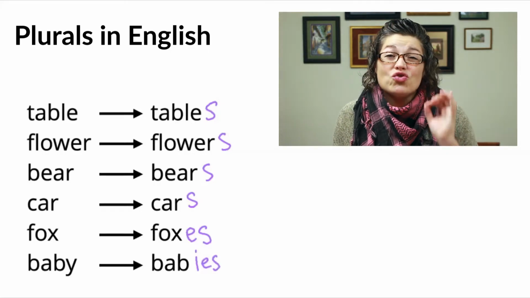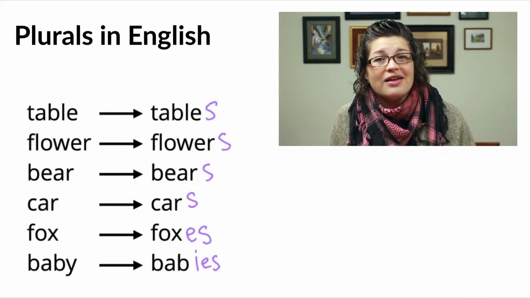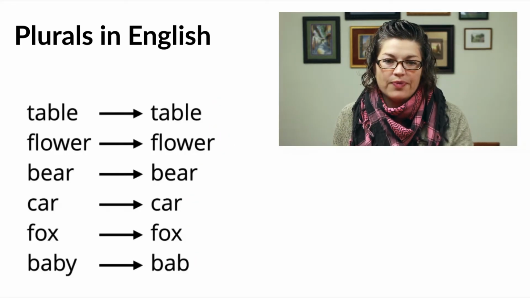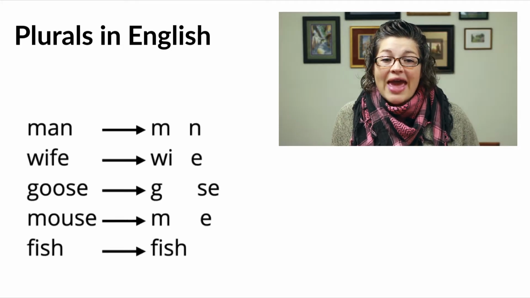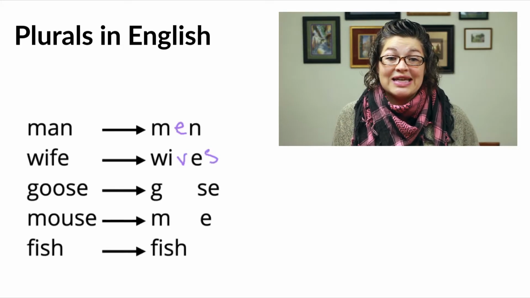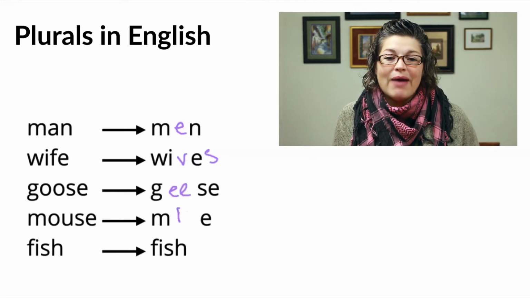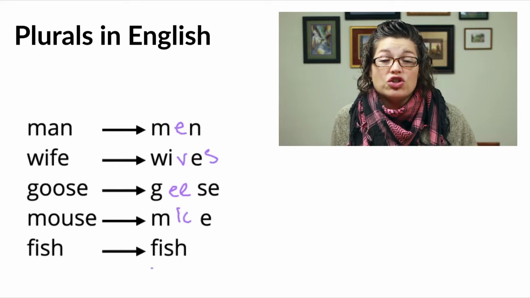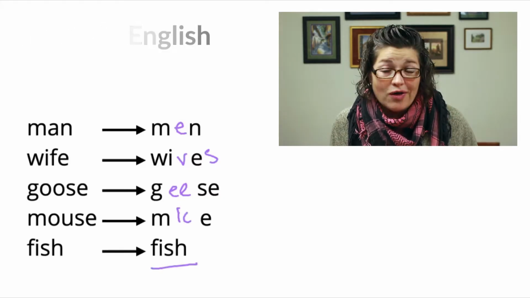Then when it comes to true outlier plurals in English, we really have very, very few of those. For example, man becoming men, wife, wives, goose, geese, mouse, mice, and then a handful of nouns that actually don't change in their plural form at all.